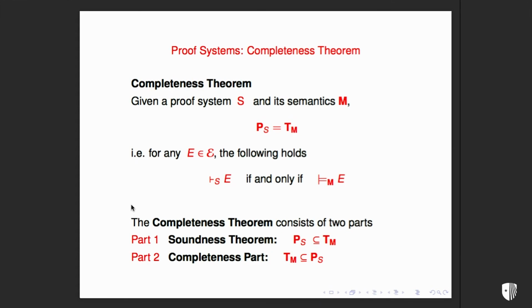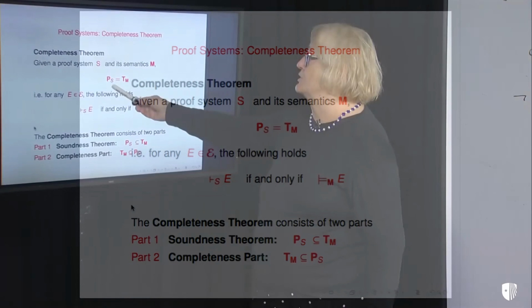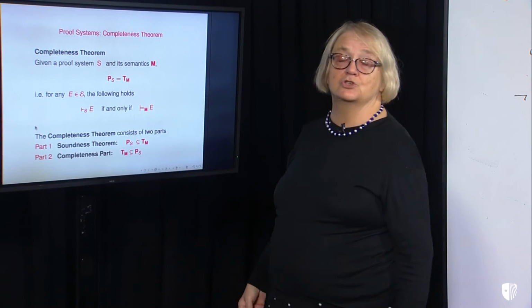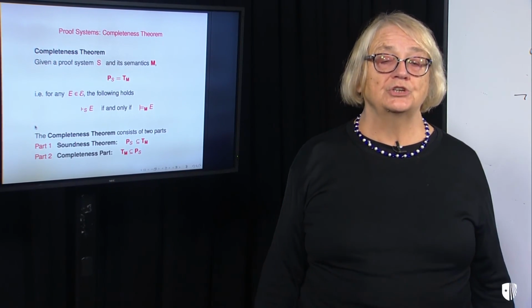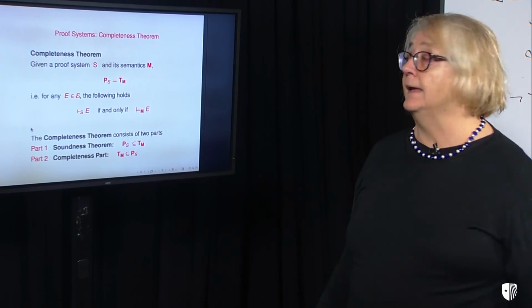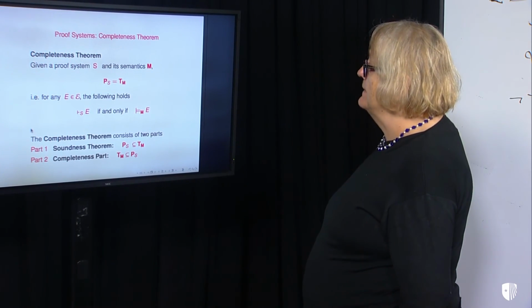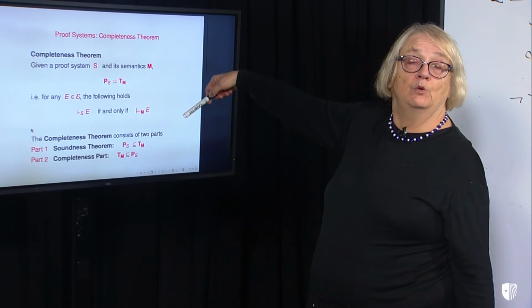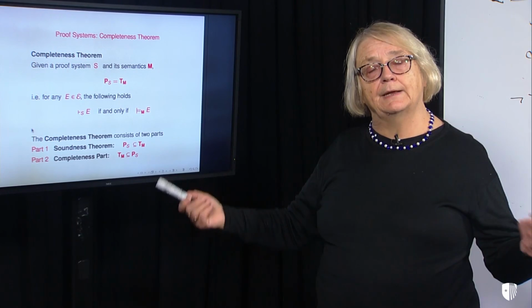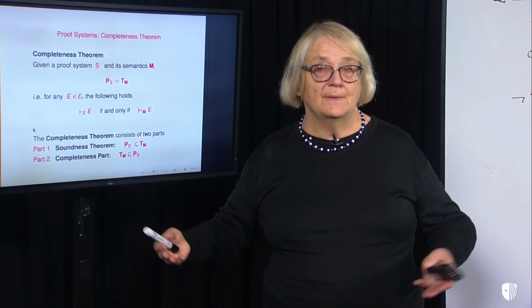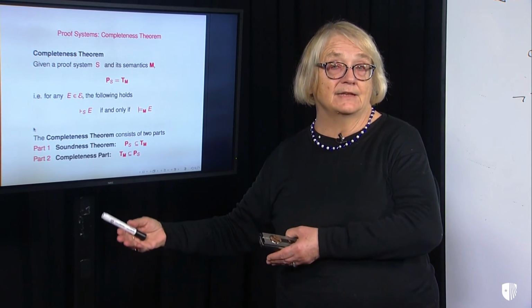So the completeness theorem says that, given a proof system and the semantics, everything which is provable is a tautology, and any tautology has a proof.